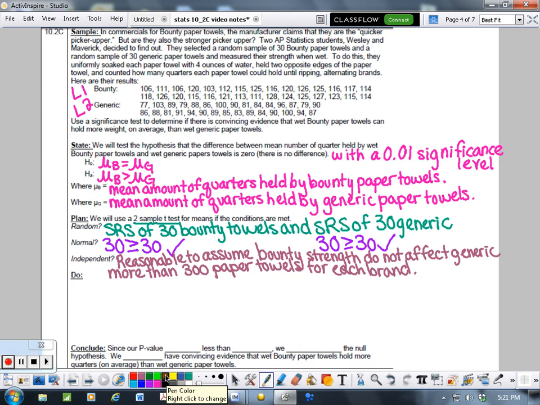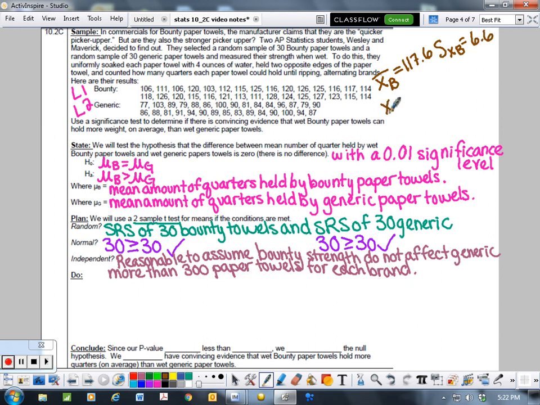And before we can really move on, we need to calculate our information. So we need information for our Bounty. So we need an x-bar. So we're going to go to our calculator. We're going to calculate the one variable stats for Bounty and we get a mean of 117.6 and a standard deviation of 6.6.